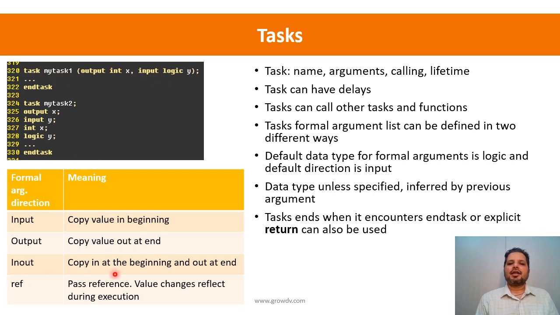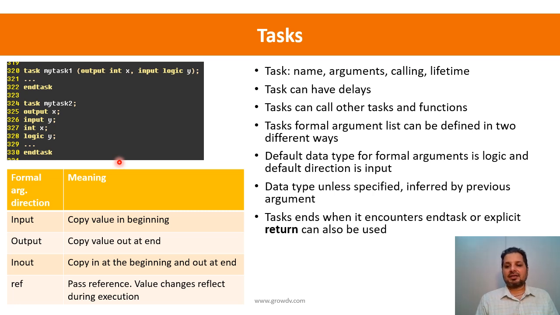And for the inout, the value gets copied at the beginning and then at the end into the same variable. Why we are emphasizing when it gets copied is because of changes in the intermediate stage, like if I'm modifying some values for a particular output argument in the middle of the task execution.